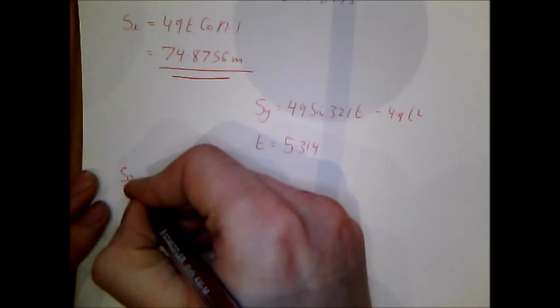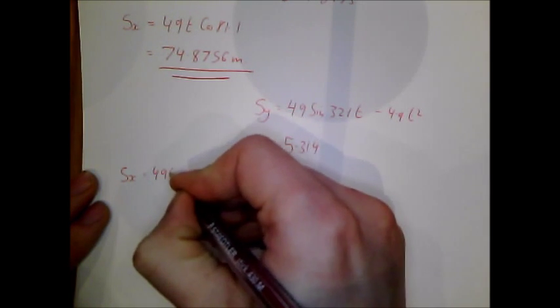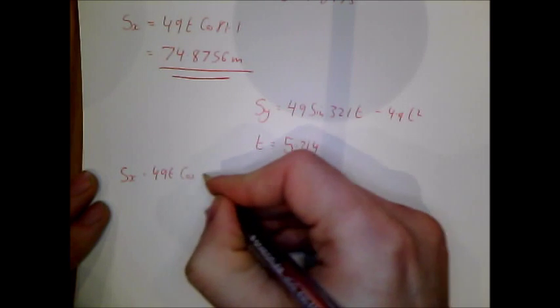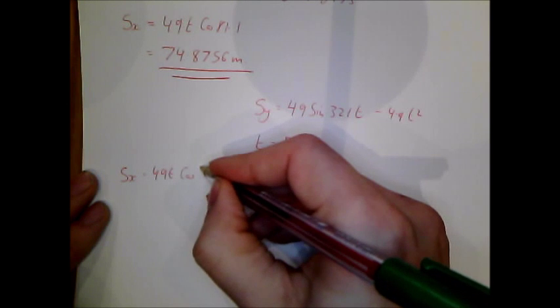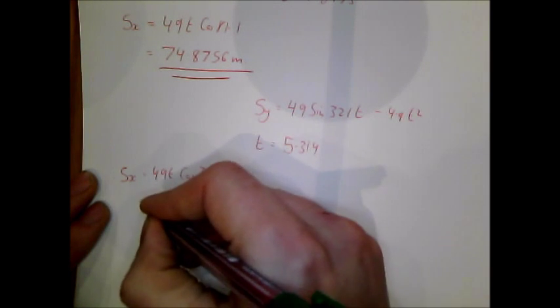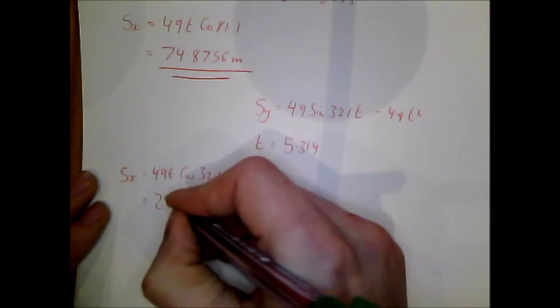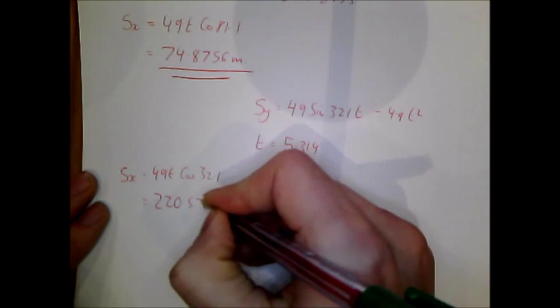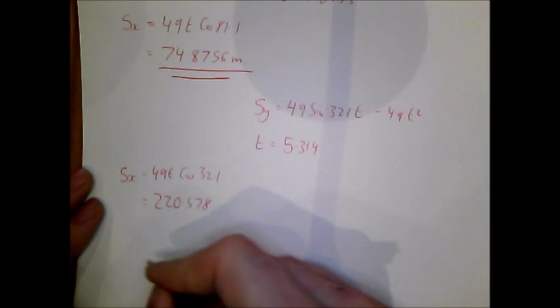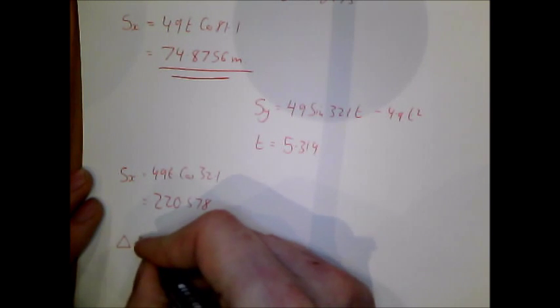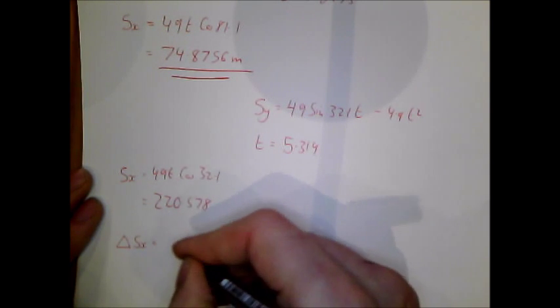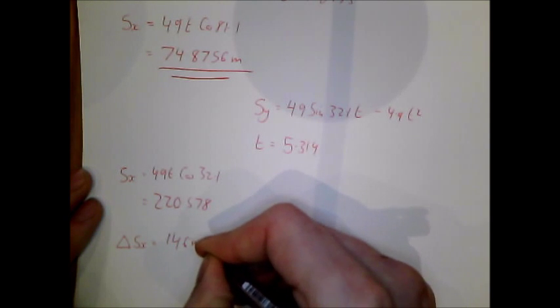So then using Sx equals 49t cosine 32.1, we get a value there of 220.578. So we'll find the difference between them. So delta Sx is equal to 146 meters.